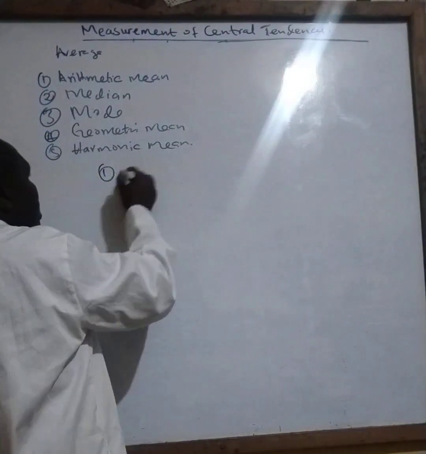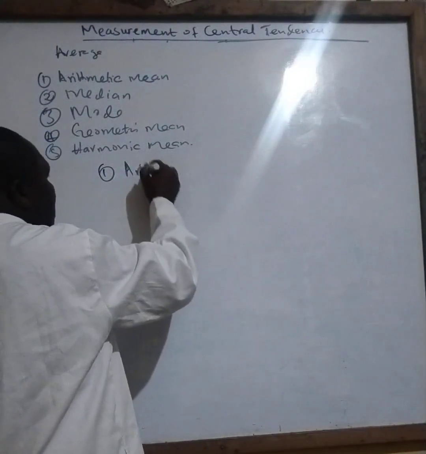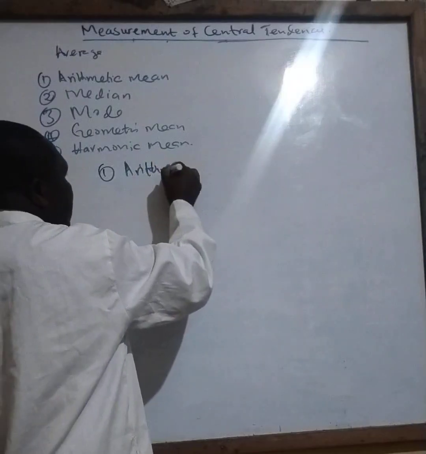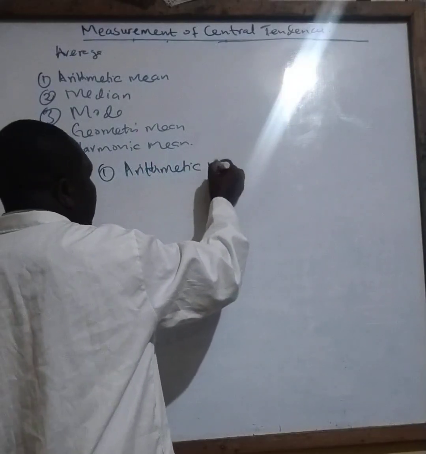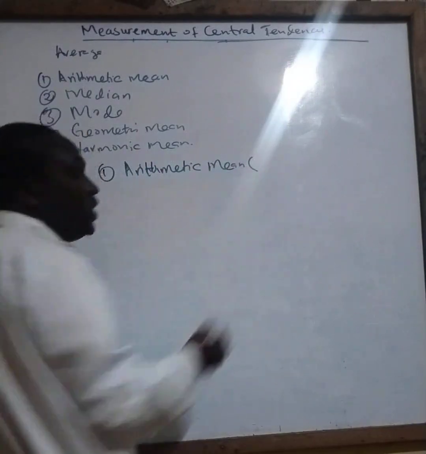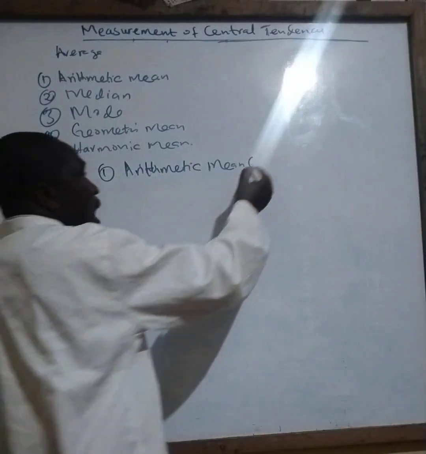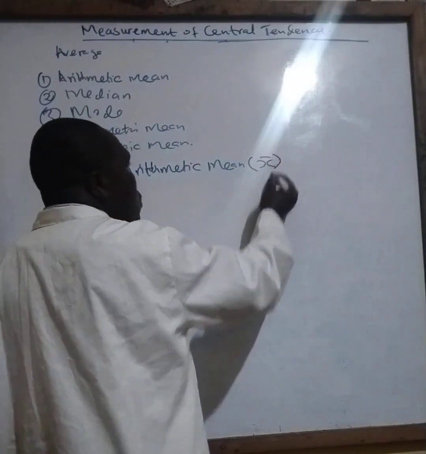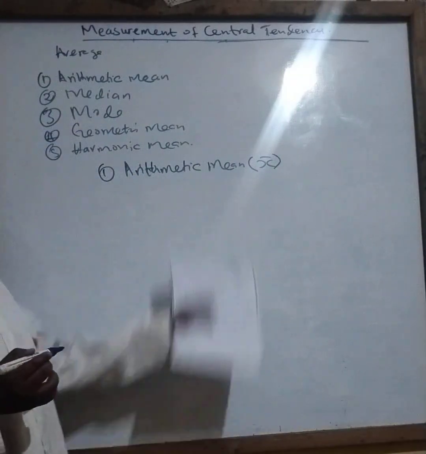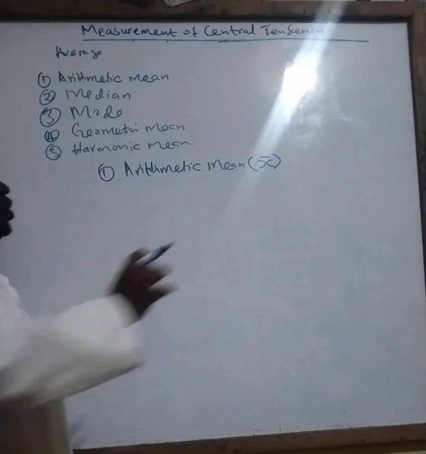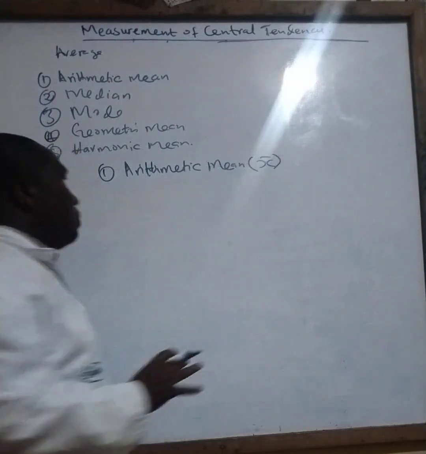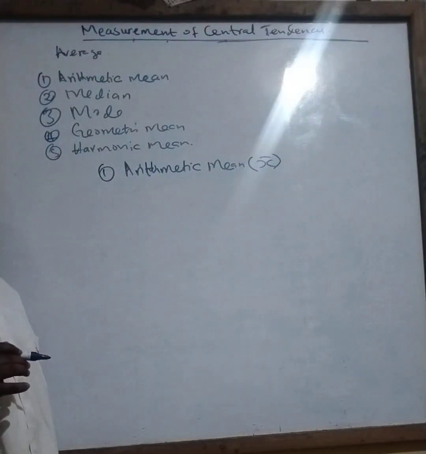The first one is the arithmetic mean. For the sake of this lesson, I'm going to represent the mean with x with a bar on top. So when you see x with a bar on top, that is the arithmetic mean.